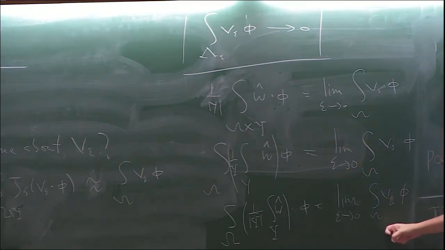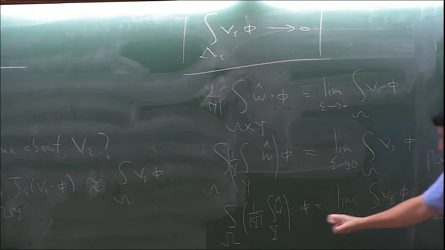But this is the definition of the weak limit of V epsilon. Since this is for every phi smooth, V epsilon converges weakly to this.